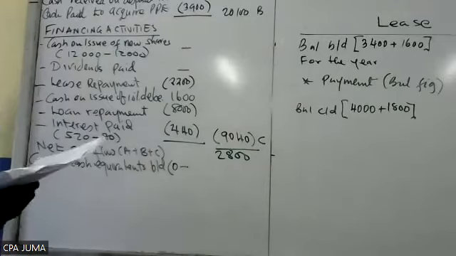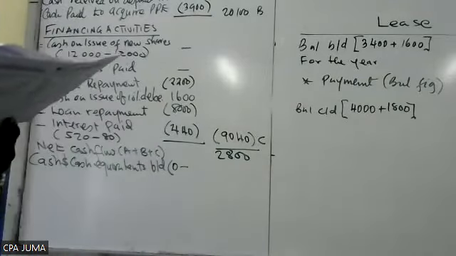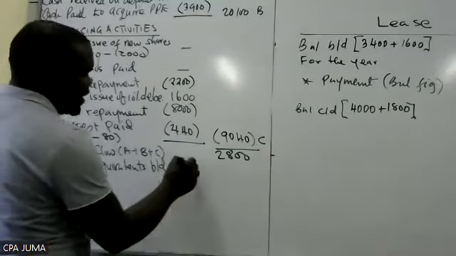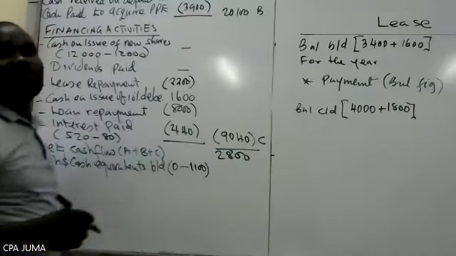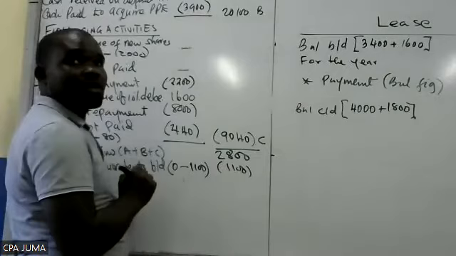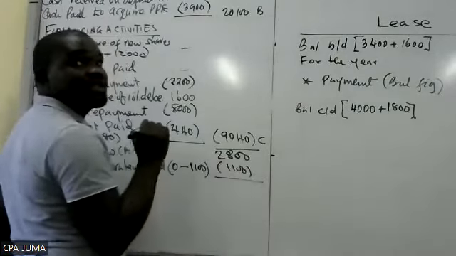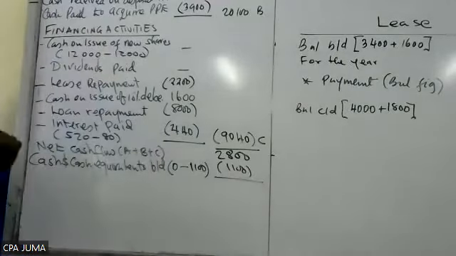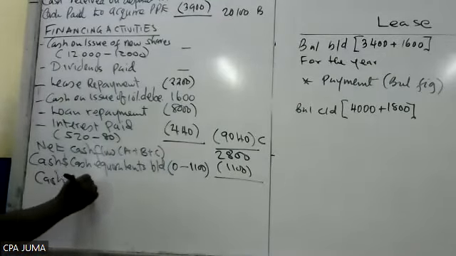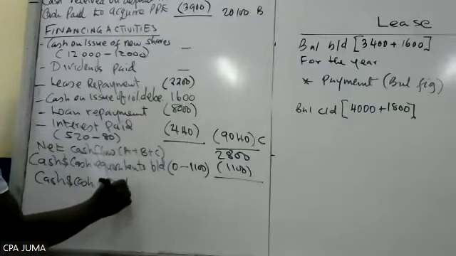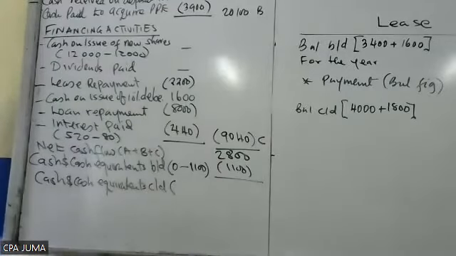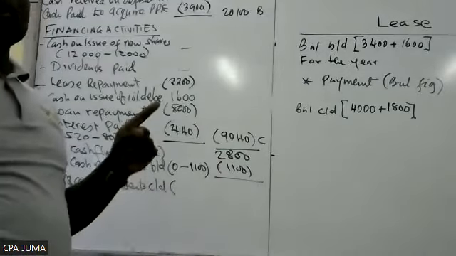Overdraft is negative. How much was the overdraft at the beginning? 11. So 0 minus 11. Overdraft, you subtract. So this is negative 11. So if you take this minus this, you will get cash and cash equivalents, then carried down. So carried down, this is where you know whether it is correct.